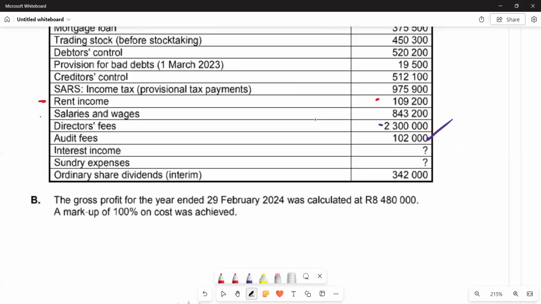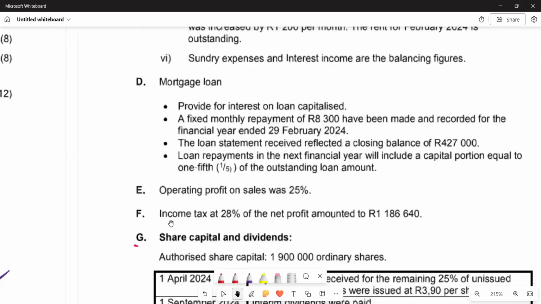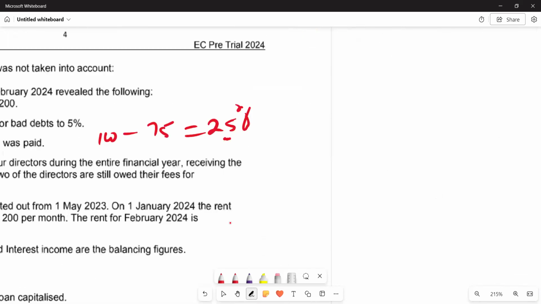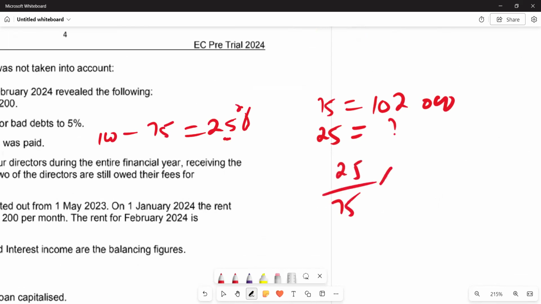So we are saying our 102,000 is the one that is representing 75%. We can just make a proportion by saying 75 is equal to 102,000 for audit fees. And then the figure that we are looking for is 25, which is still not yet paid. So what we don't have is 25 over what we have, 75, multiplied by the given figure 102,000.